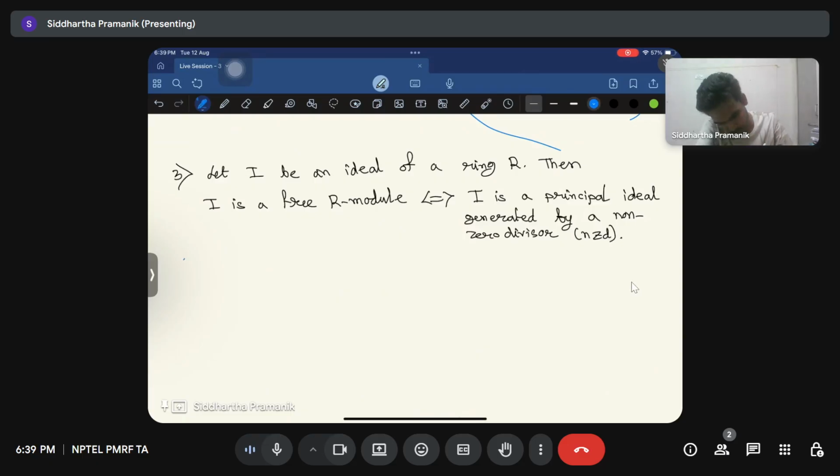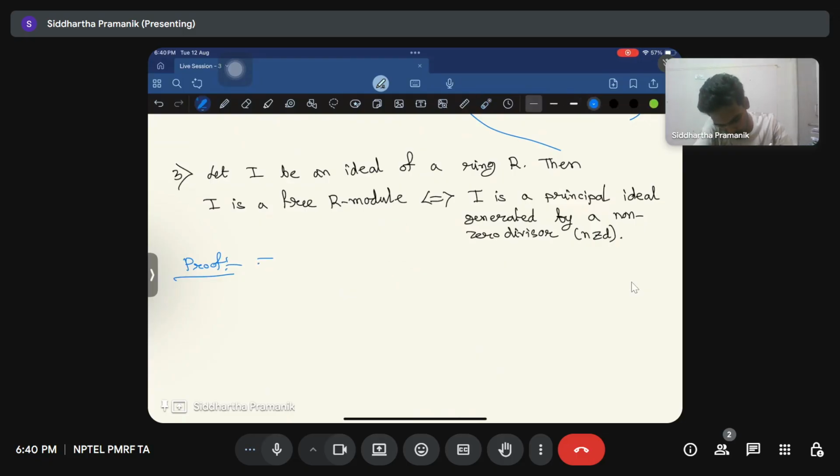So let's prove this. So basically I is a free R module if and only if it has to be a principal ideal and it has to be generated by a non-zero divisor. So one part is easy as usual. So which one is easy? So I think this implication is easy.